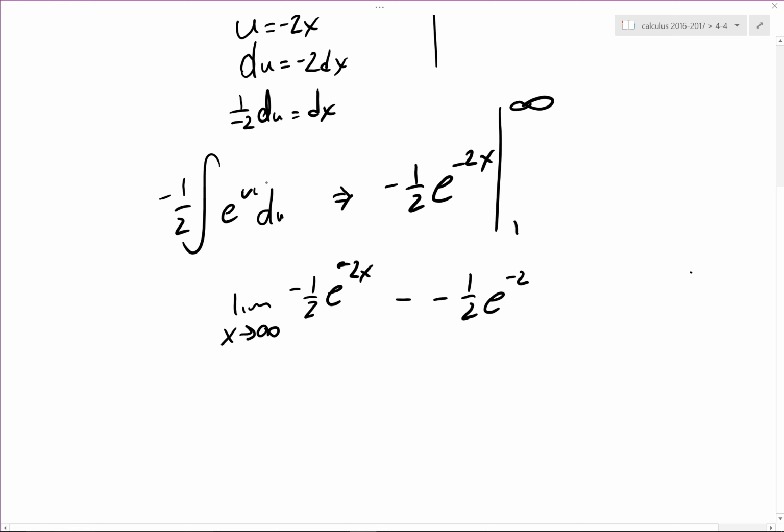I'm just a sloppy, horrible human. Now, what is the limit of negative a half e to the negative 2x as x goes to infinity? 0. How'd you know that? I guessed. E to the negative 2x means put e to the 2x in the basement, yes? If you have 1 over 2 e to the 2x, that fraction is going to 0 in a hurry, yes?